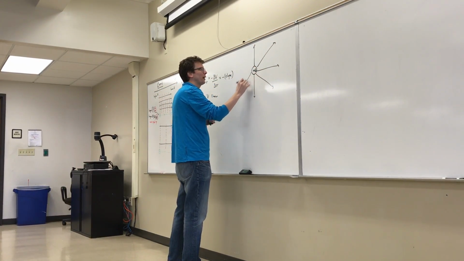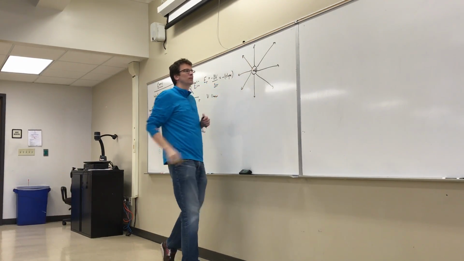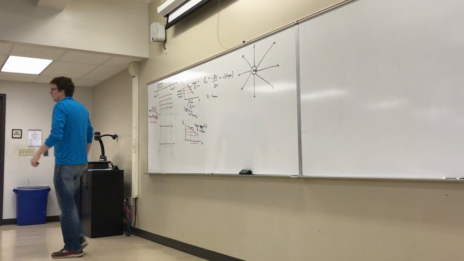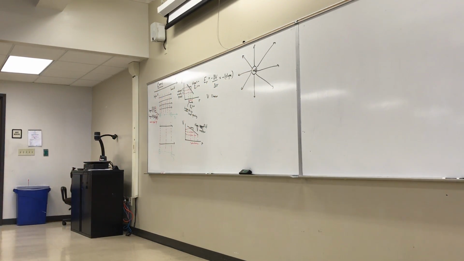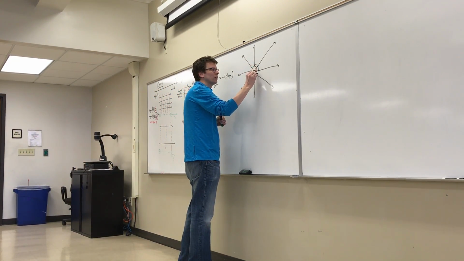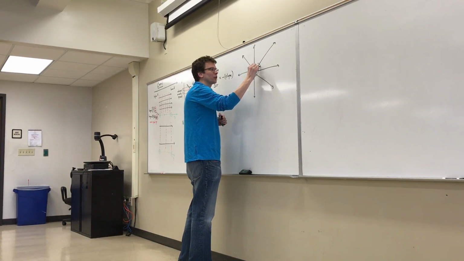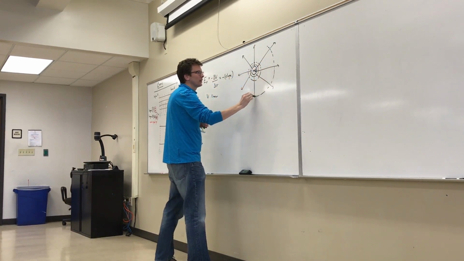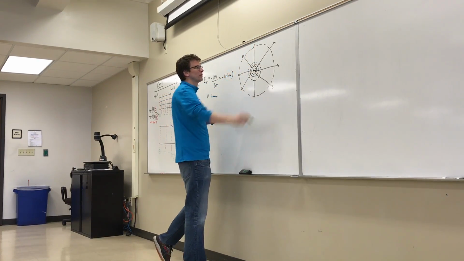So as you go away, the field weakens. Well, if the field weakens, then the equipotentials have to get further apart. So over here, where the field is strong, the equipotentials are quite close together, and then they get further apart as you go out here.